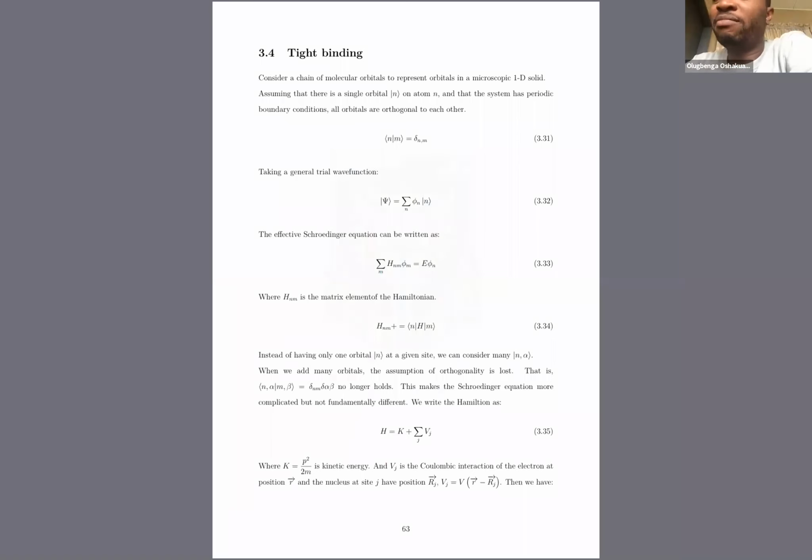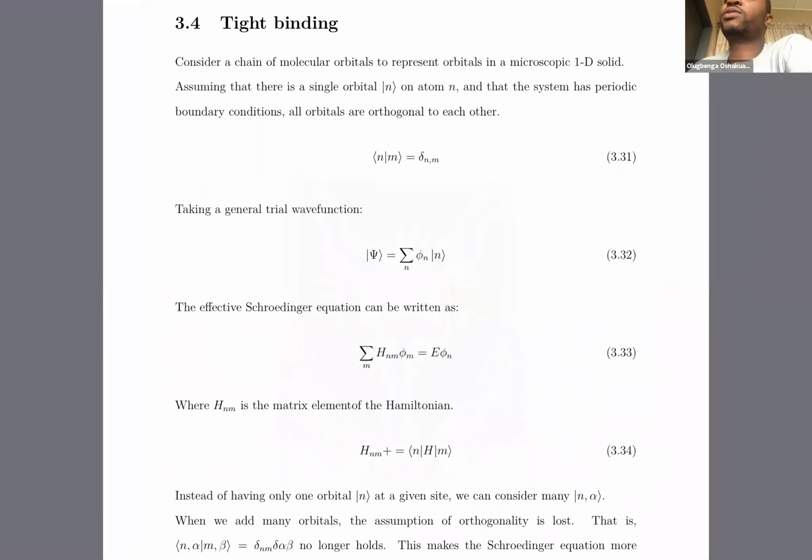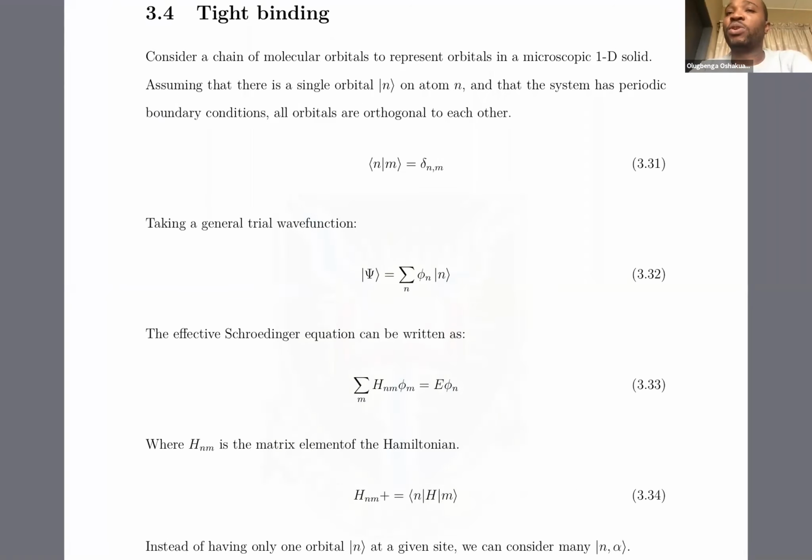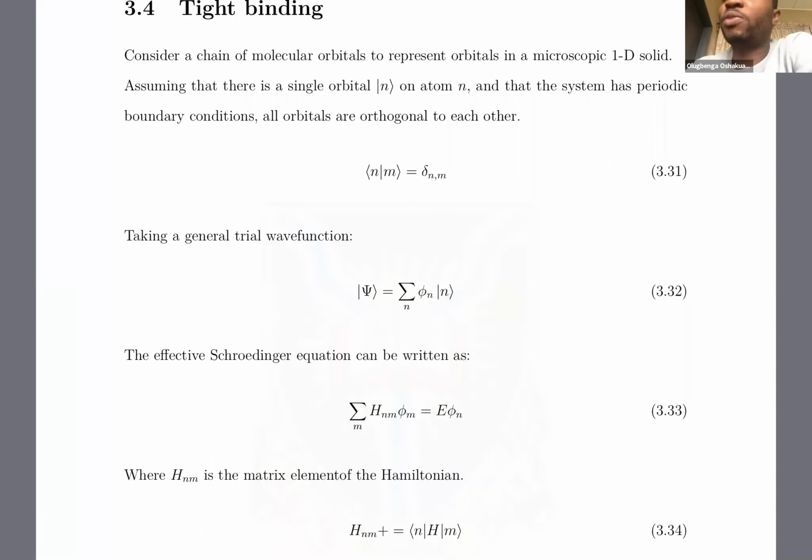So, tight binding. This resembles what we did when we were talking about covalent bonding. In this case too, we consider a chain of molecular orbitals to represent a 1D solid, as it's a one-dimensional solid.